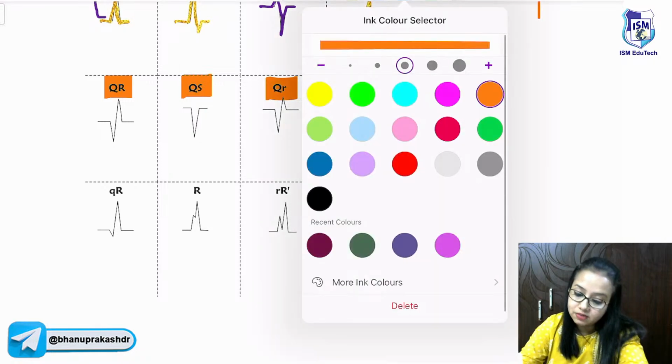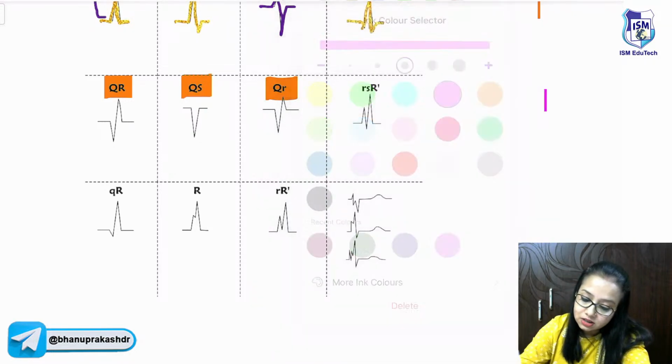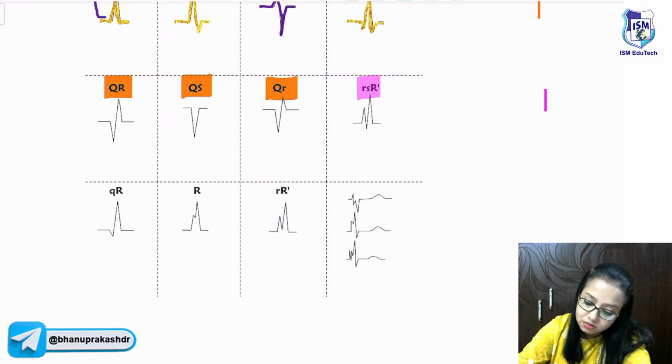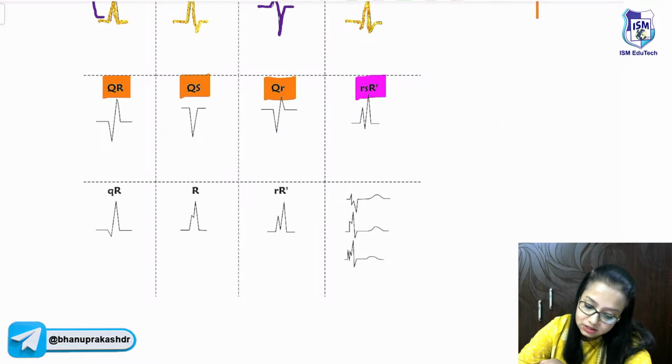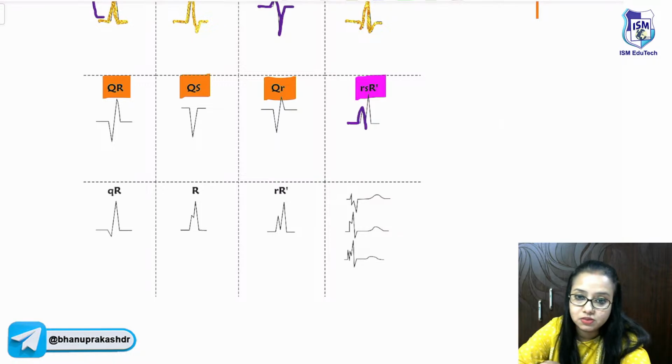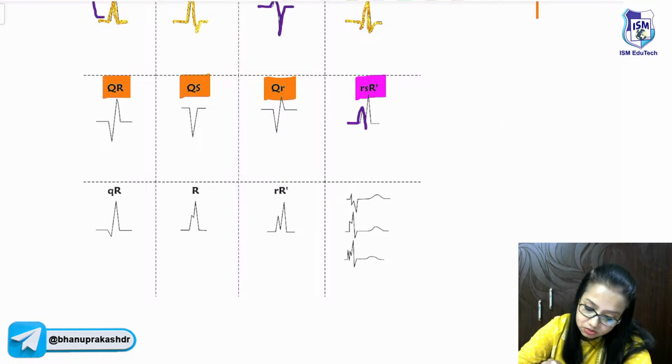Okay. Next, we have the concept that I told you earlier. If we have two R waves, the first one we call the normal R and the second one we call the complement. First understand: first there is a positive deflection obviously after the P wave. Let me use a thinner pen.